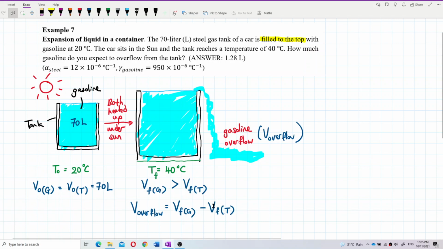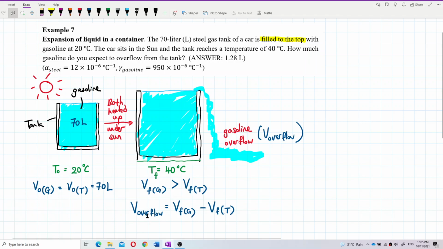So the extra amount of expansion by the gasoline, rather than the tank, is the amount overflow. The tank does not have enough space to hold all the gasoline. That's why some of the gasoline will overflow.